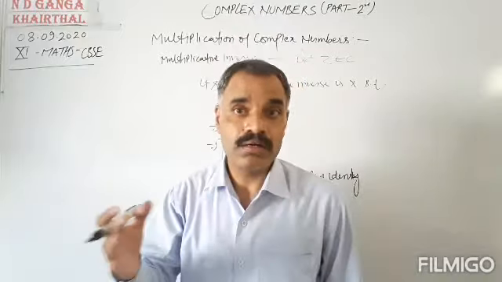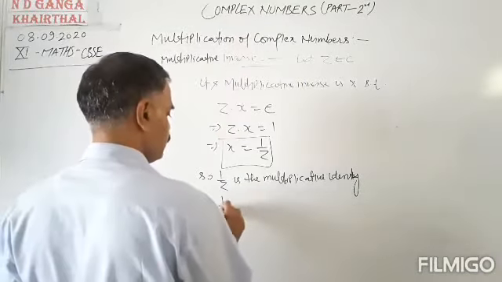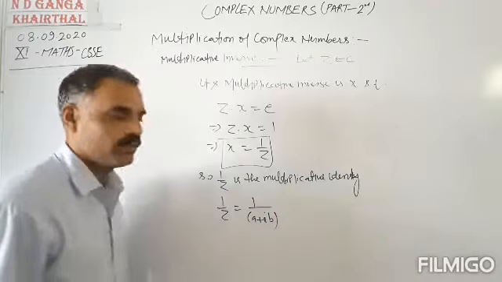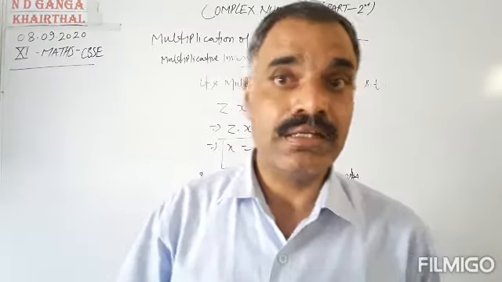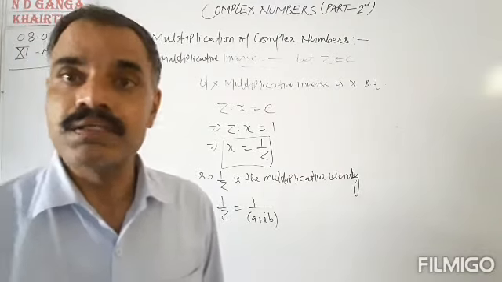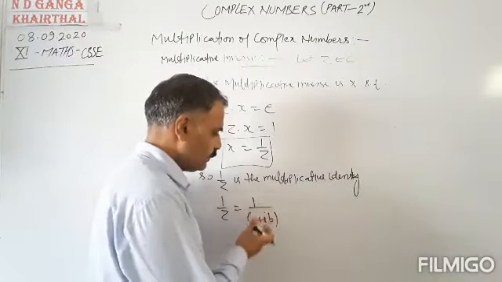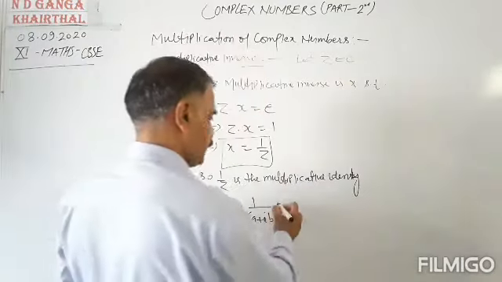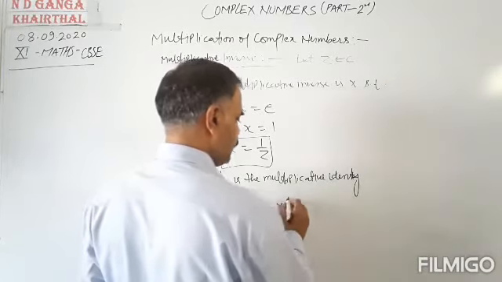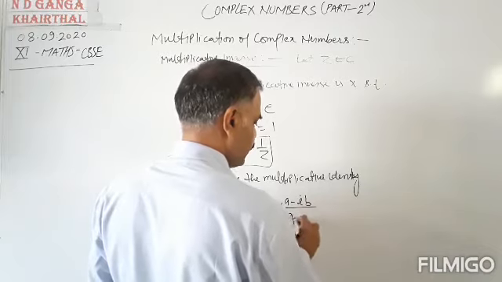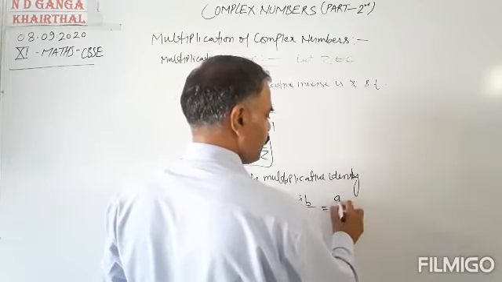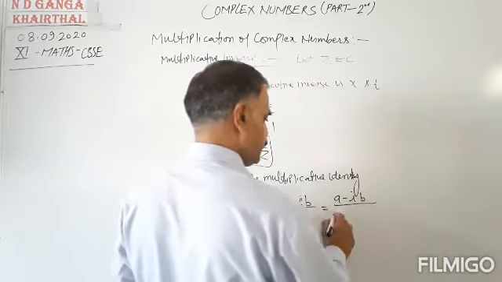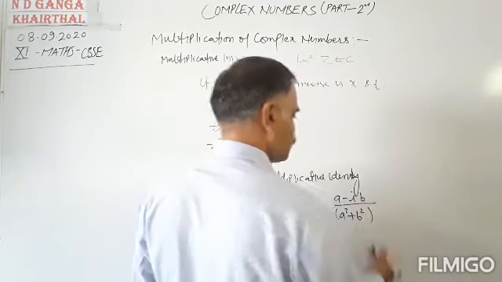1 upon Z equals 1 upon A plus iota B, where Z equals A plus iota B. Now we want to put this in standard form, which is A plus iota B. So we multiply by its conjugate, that is A minus iota B. This gives A minus iota B upon A plus iota B into A minus iota B, that is A square plus B square.